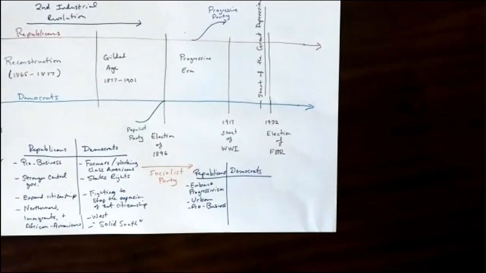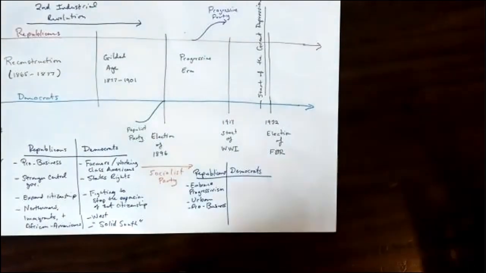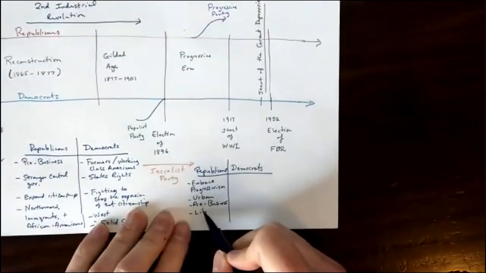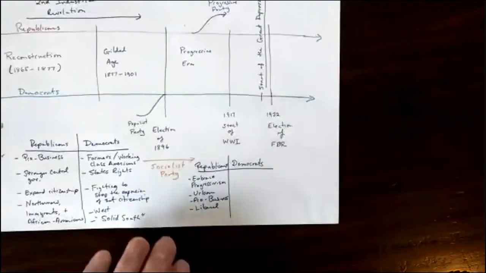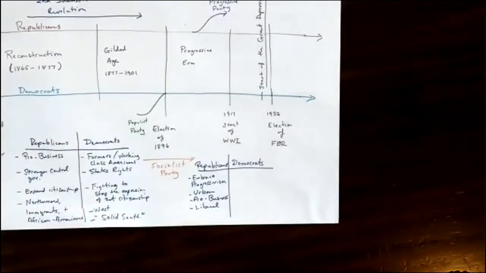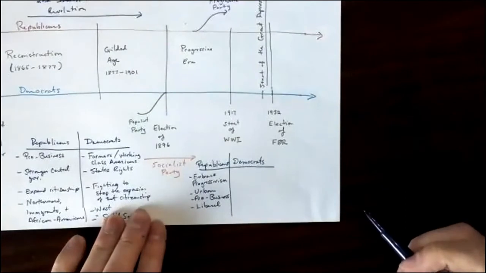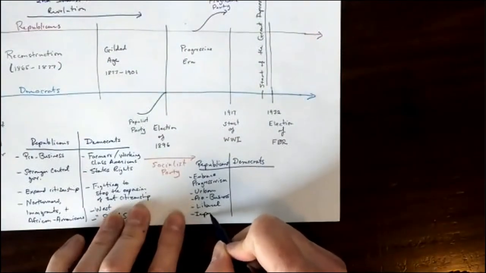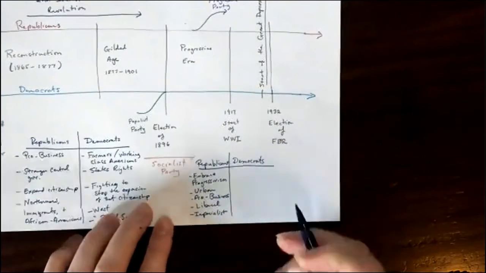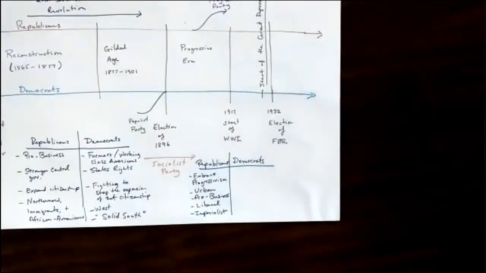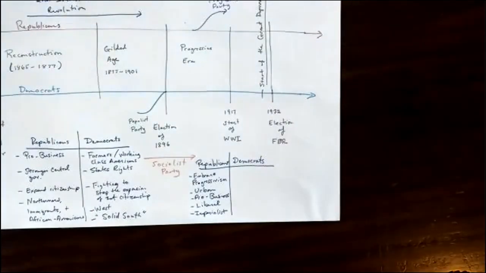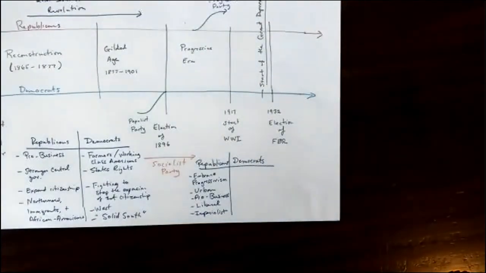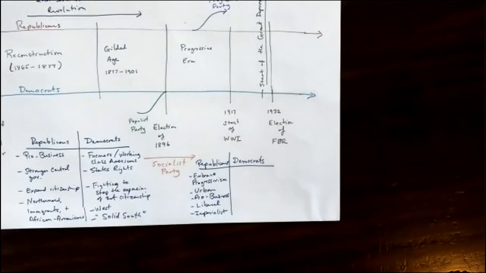And they're going to be the more liberal of the two parties during this time period, which obviously conflicts with the way that we view Republicans and Democrats today. But they're also going to be the more imperialist of the two parties. So because they're pro-business, they're going to be pushing more for the United States to take an active role overseas. And so foreign policy is starting to become a bigger issue when we start to define the Republicans versus the Democrats.